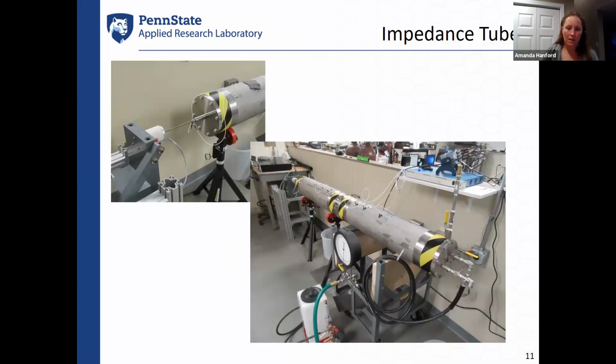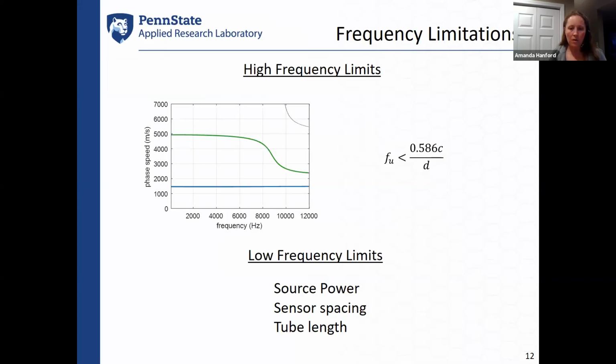On the other extreme, when we looked at our impedance tube, here's a picture of our water-filled impedance tube in the laboratory. There are frequency limitations of this setup too, because we have issues regarding the size of our impedance tube and frequency cutoff and cut-on. At high frequency, we're limited by the size of our impedance tube.